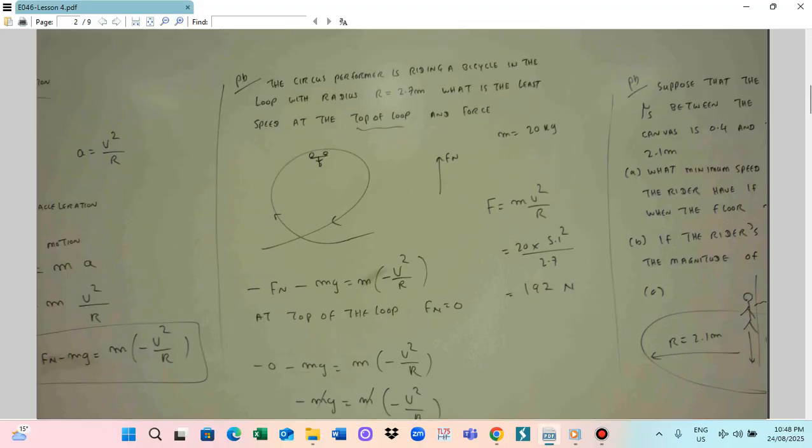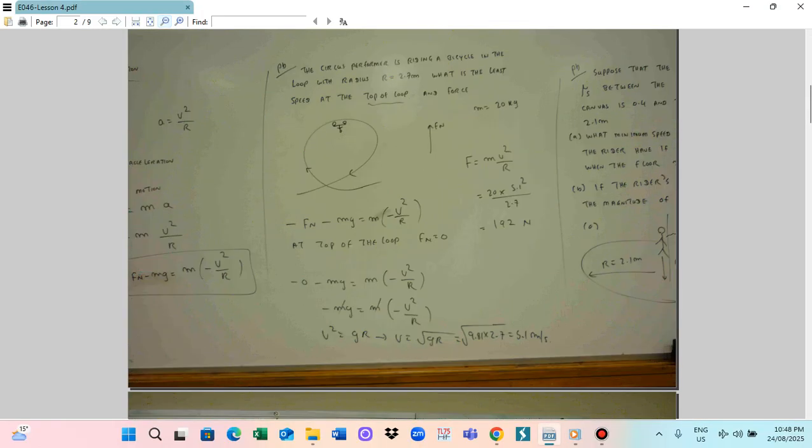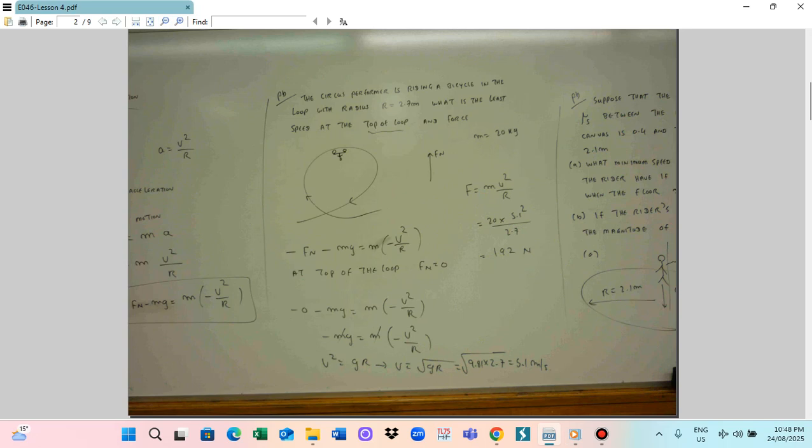Now for the force: normally this object is opposite to the gravitational force, so this is Fg. Fg is m g.